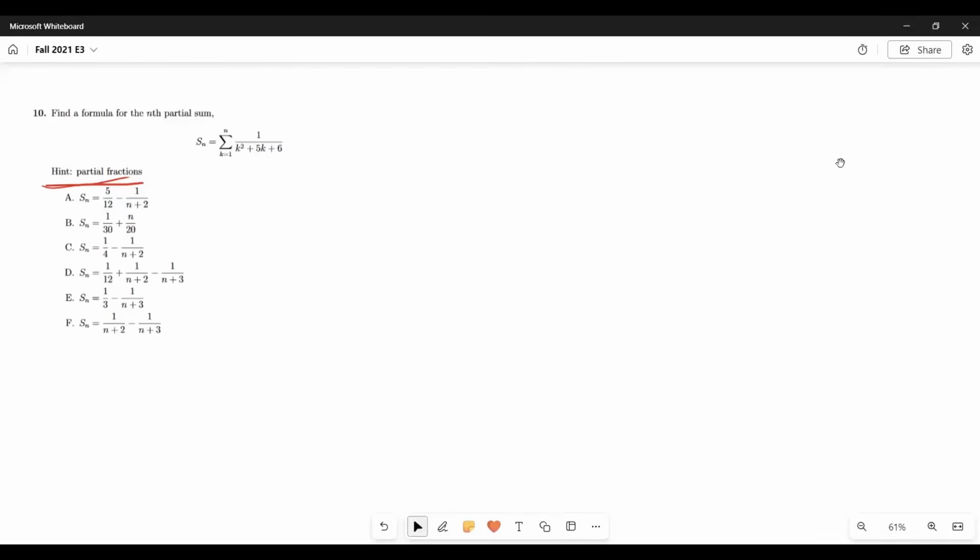Okay, this question asks to find a formula for the nth partial sum and use the hint, partial fractions. So let's do that. Sn is equal to the sum from k equals 1 to n of 1 over k squared plus 5k plus 6.